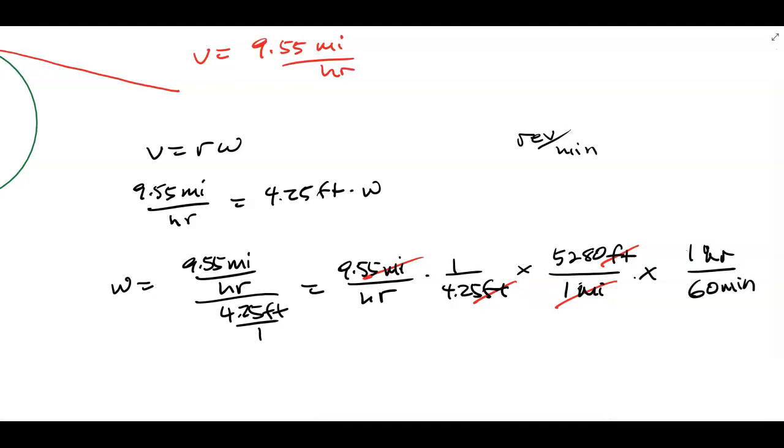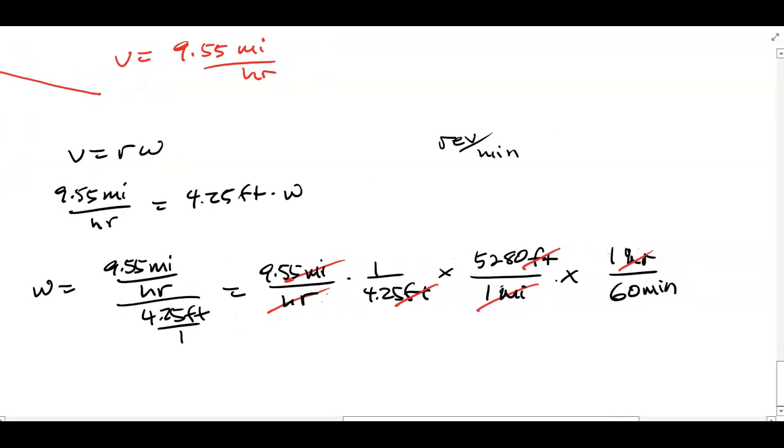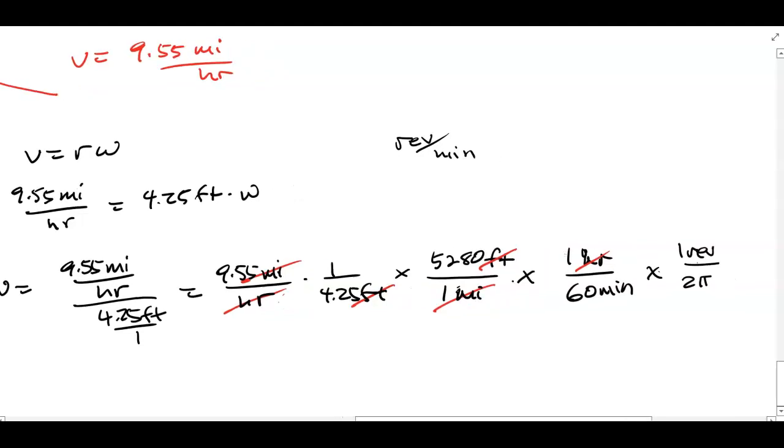So now I've gotten rid of the hours. So I've got minutes, and now I need revolutions per minute. So if I take this and I multiply times 1 revolution is 2 pi radians.